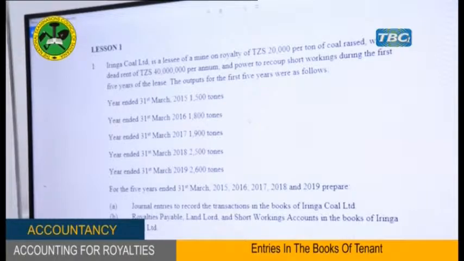For the 5 years ended 31st March 2015, 2016, 2017, 2018, and 2019, prepare A. Journal entries to record the transaction in the books of Iringa Coal Limited. B. Royalties payable, landlord, and short working accounts in the books of Iringa Coal Limited.